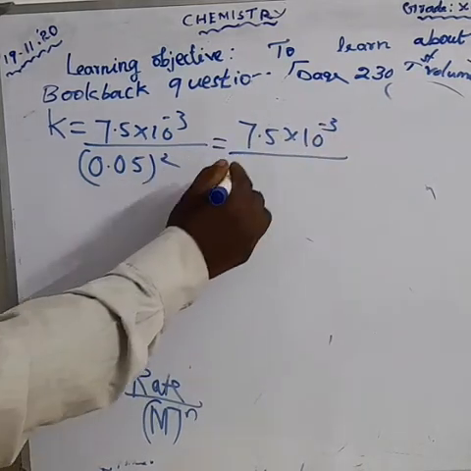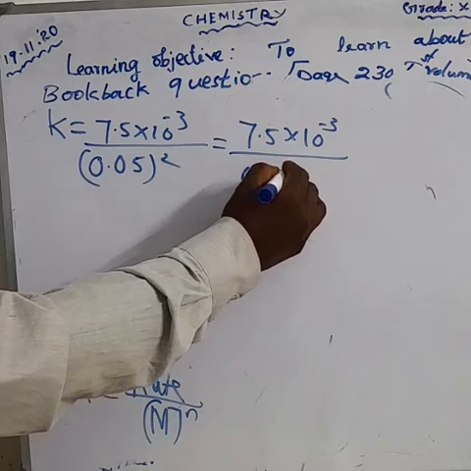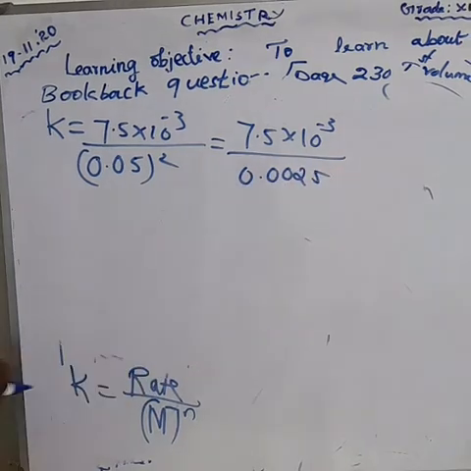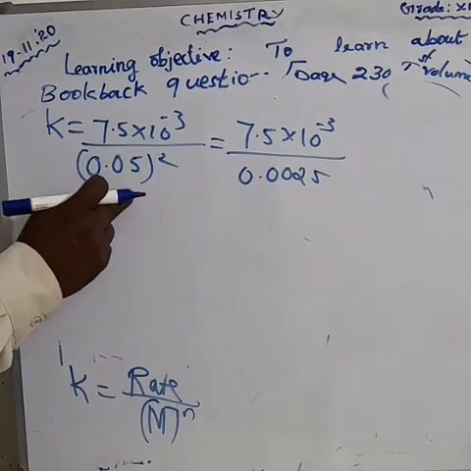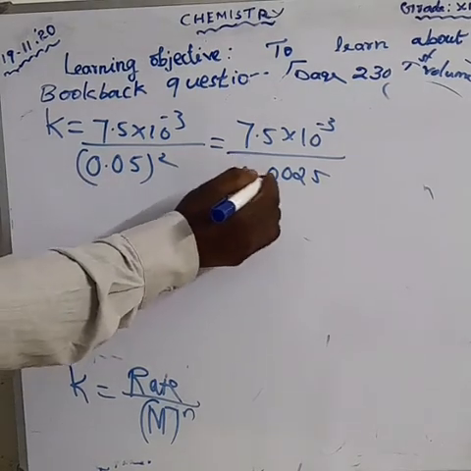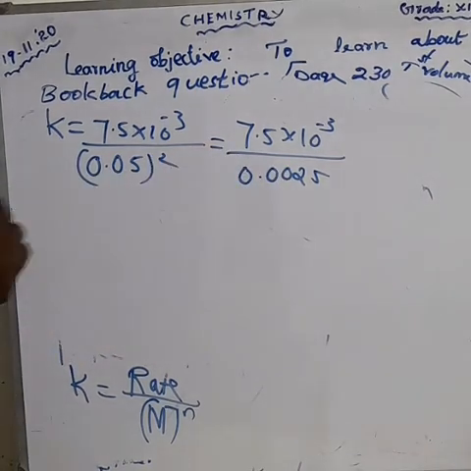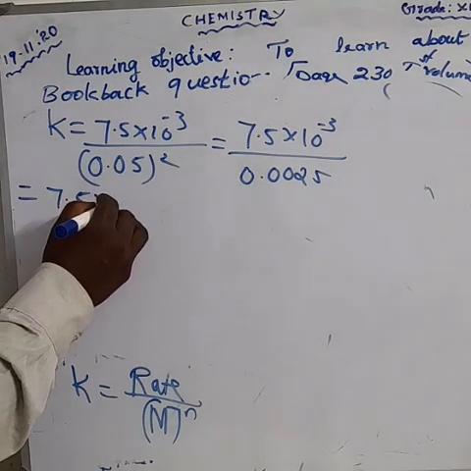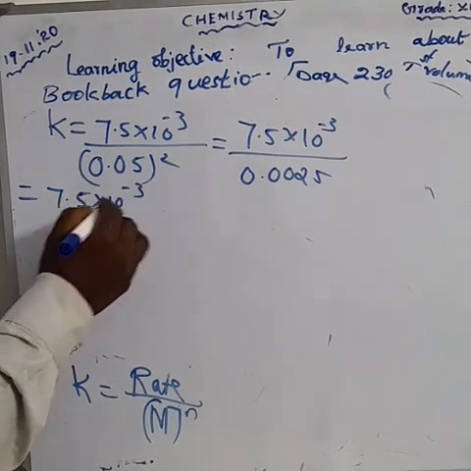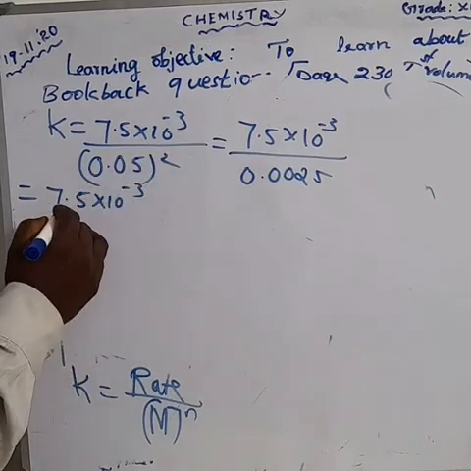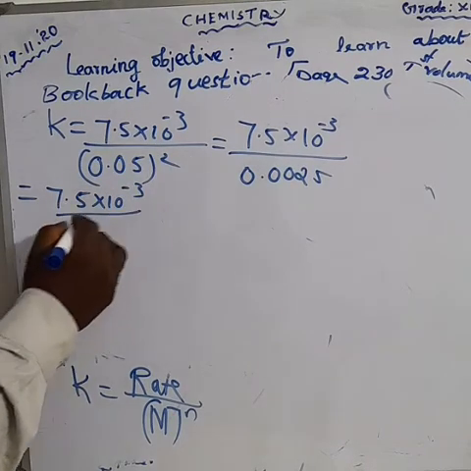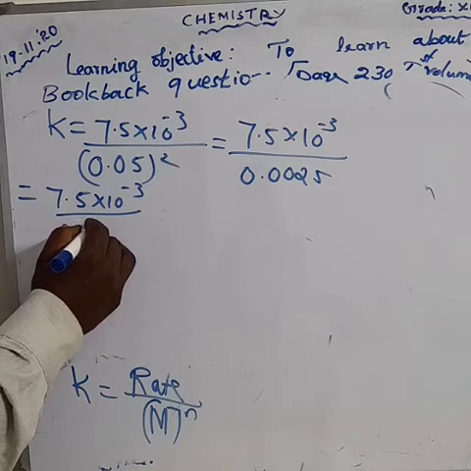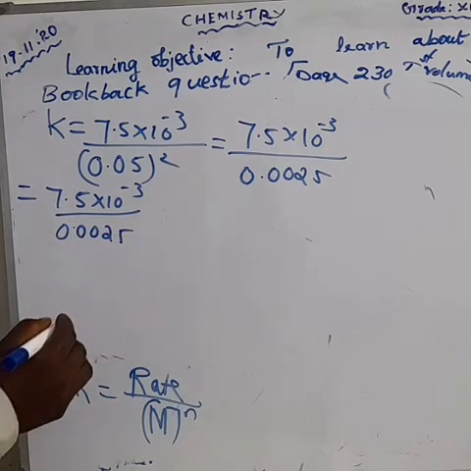Squaring 0.05 we get 0.0025. That is equal to 7.5 into 10 raised to minus 3 divided by 0.0025.